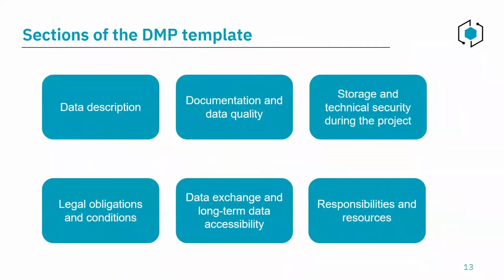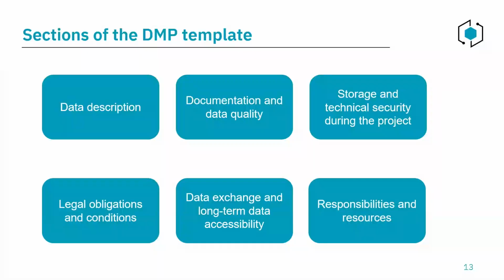The template is divided into 6 sections. In every section, you have a special topic regarding research data management. And you have a couple of questions that you have to answer there. So the first thing is that you have to describe the research data that you expect during your research project. You have to explain how you are going to document your data and how you will guarantee the data quality.